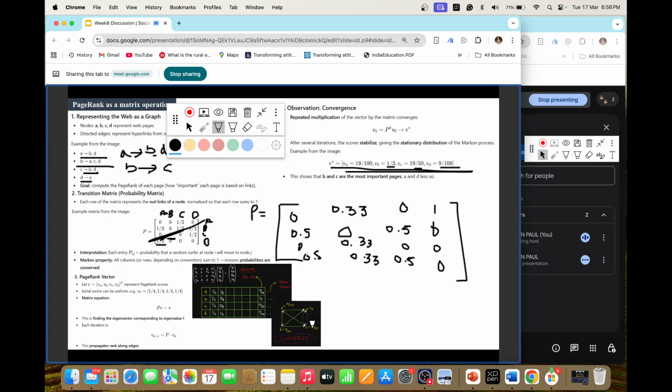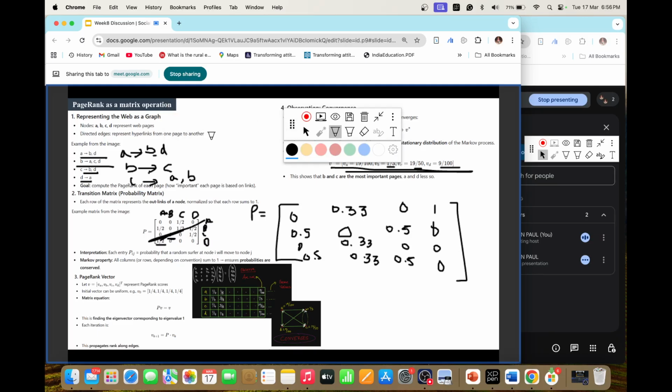C following A and C following B. Okay, so C following A and B. And last is D, D following B, as well as D following C, B and C. Okay, B and C. So this will be true for this matrix. Okay, so I will just improve it.